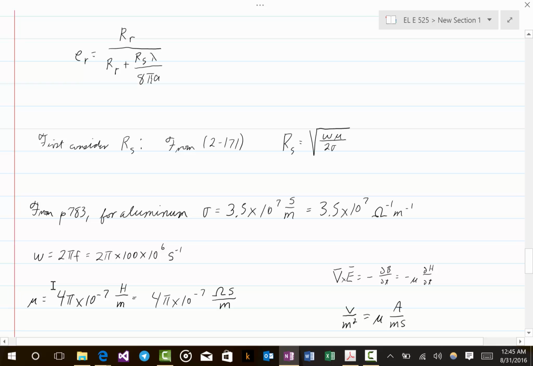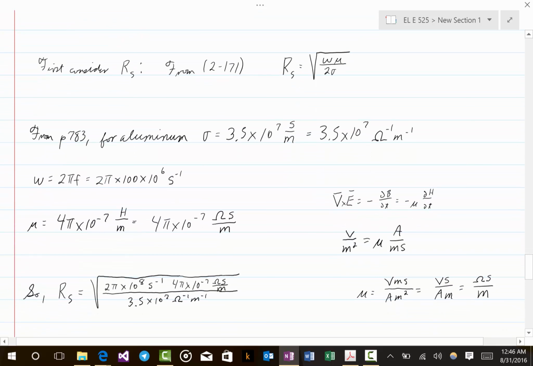And then finally, mu, this is given on page 784, is equal to 4 pi times 10 to the minus 7th henries per meter. Now, I'll be honest with you, I forgot myself what a henry was, how it was related to other MKS units. And so whenever I forget like that, I'll go try to find some equation that involves that term.